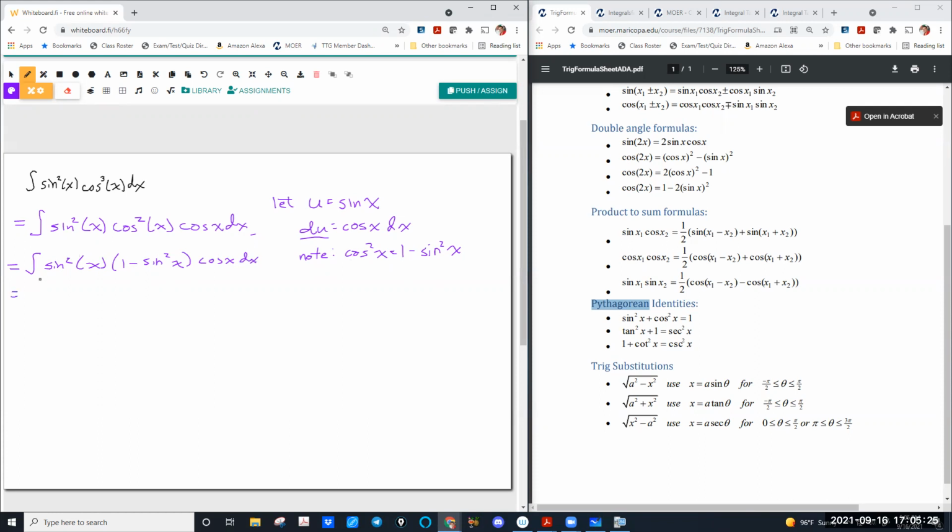Now we can get this whole thing in terms of u, because sine squared is just u squared. This here is 1 minus u squared. And this is exactly our du.